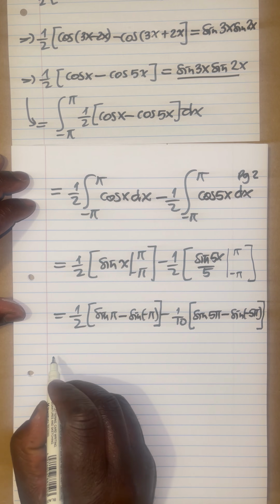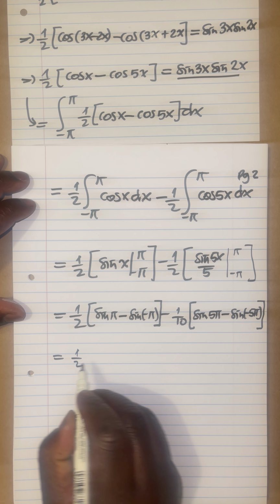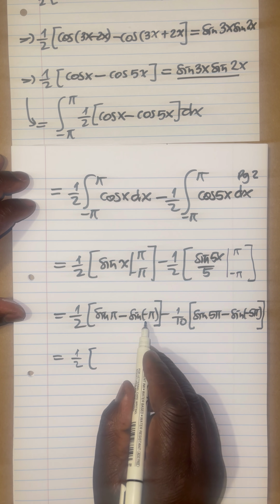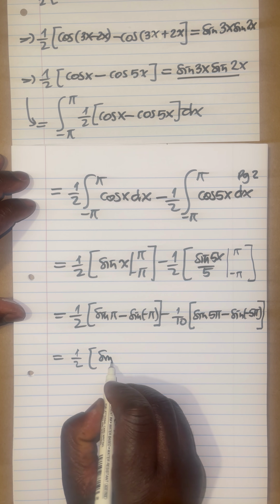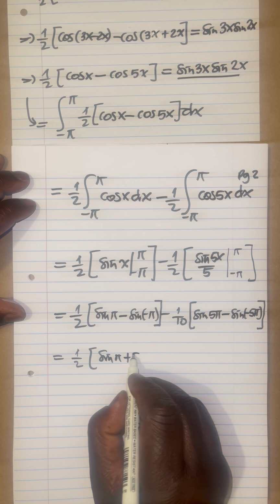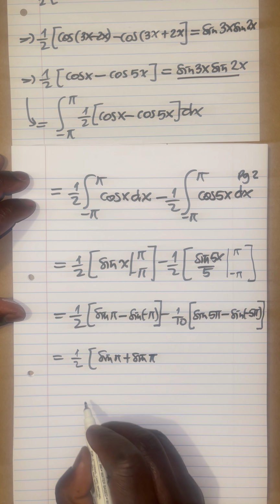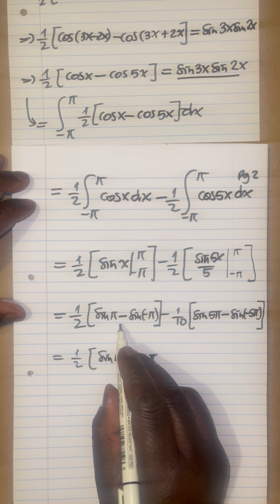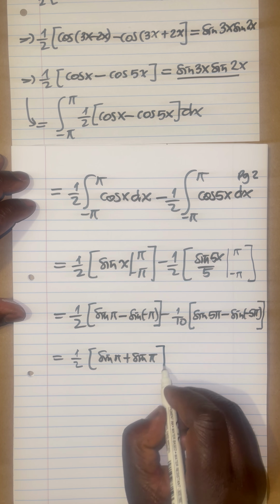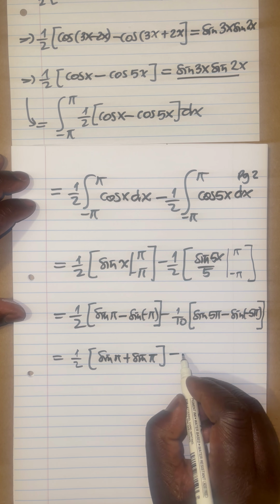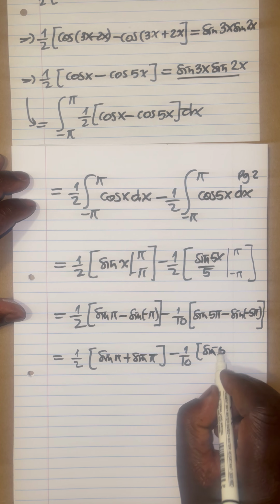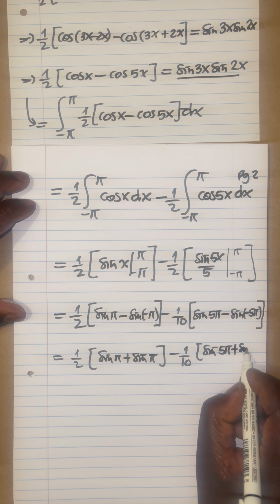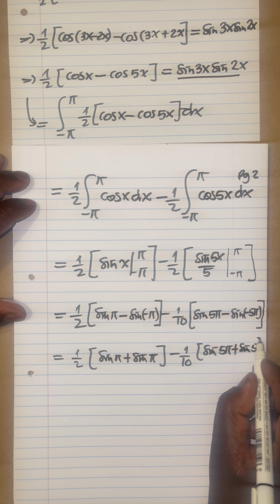So basically what we have is 1 over 2, and here, if you want, you can take the minus out. This is going to be sine of pi plus sine of pi, because sine is an odd function. The minus comes out, multiplies with that, and changes it. Minus 1 over 10, and then this is going to be sine of 5 pi plus sine of 5 pi.